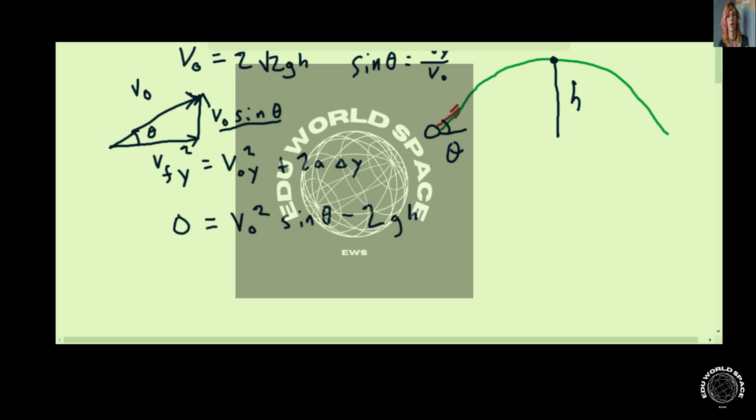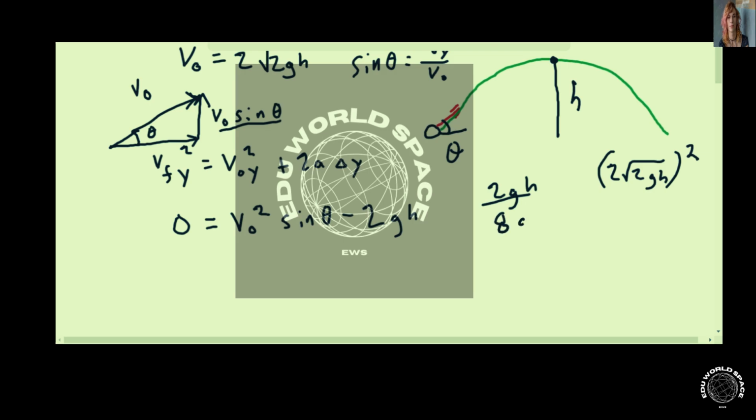And we can play with that a little bit. So we have 2gh over v naught squared, right? And we know v naught is 2 root 2gh. So if we square that, we get 8gh.